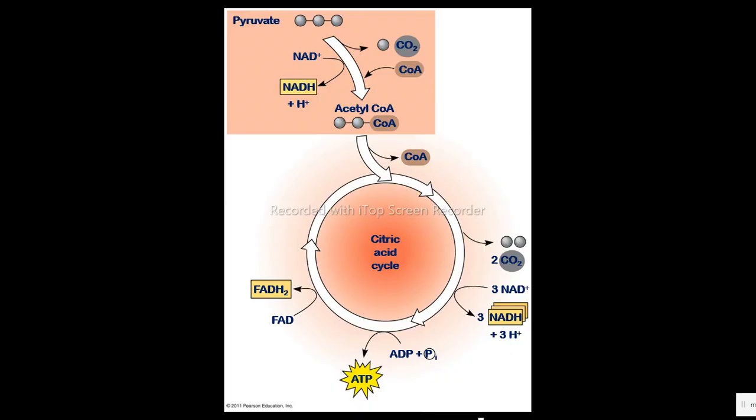So basically this is what we've been talking about. Your pyruvic acid is activated to form acetyl-CoA. Then the acetyl-CoA donates the acetyl group and combines with oxaloacetic acid to form citric acid, then isocitrate. Then isocitrate undergoes oxidative decarboxylation to form alpha ketoglutarate.